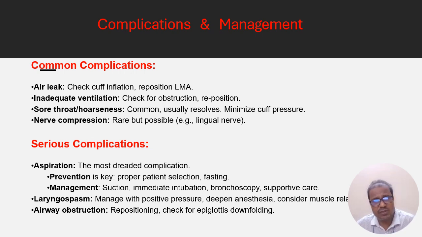A serious possible complication is aspiration, which we discussed in the previous slide. In a full stomach or morbid obese patient, if you use the LMA, there is more chance of aspiration. So we prepare the patient with proper fasting, and if accidentally vomiting or regurgitation occurs, we immediately suction the patient, intubate the patient, and provide bronchoscopy and supportive care.